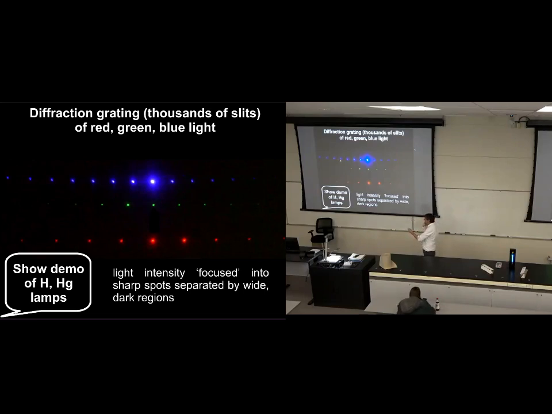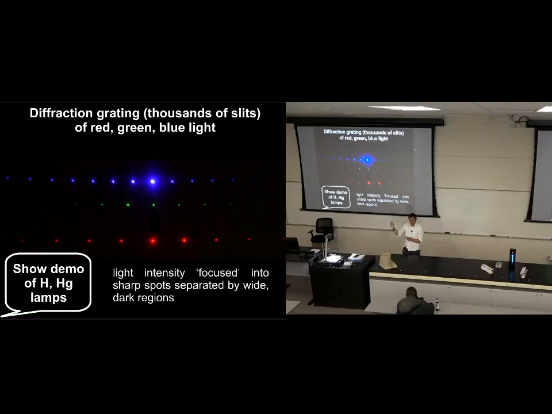And you see here, right, that the blue has shorter separations, sort of destructive darkness between the bright spots. The red has larger separations between the bright spots, and the green with the intermediate wavelength has an intermediate separation between these bright spots. So this is what I'm meaning when I say, to me this is just amazing. These bright spots are really, really intense.